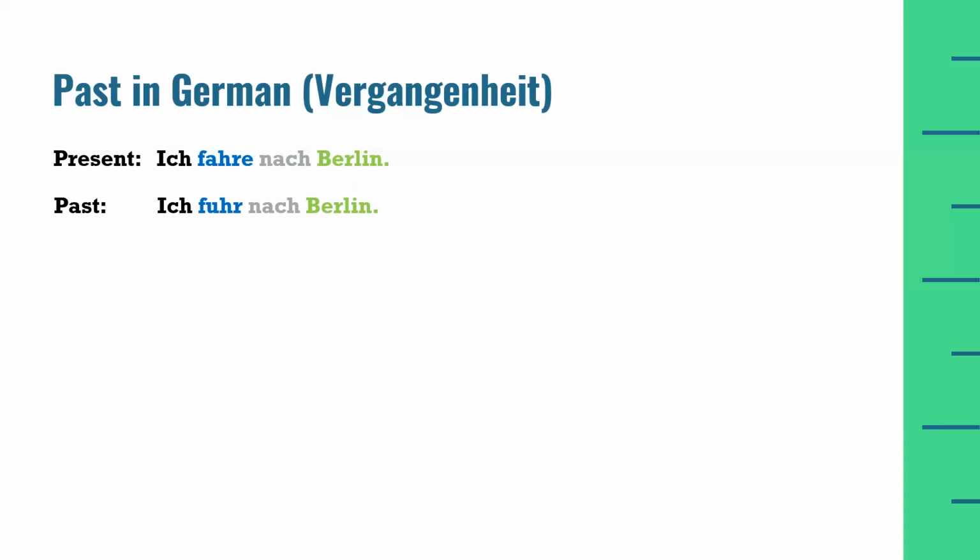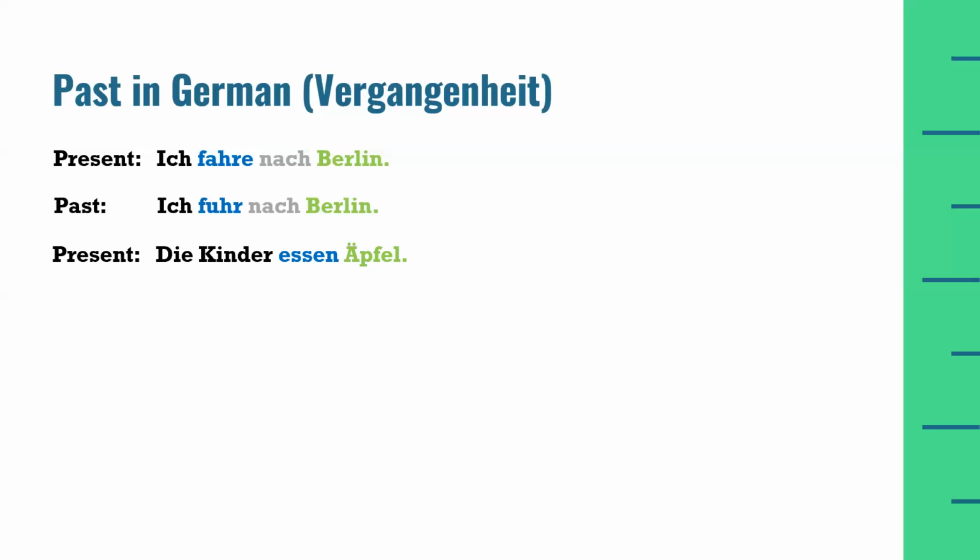If I want to make a past sentence, I want to say I traveled to Berlin, then I have to simply replace the present form of the verb with the past form of the verb, and the rest of the sentence will remain the same. So ich fahre nach Berlin will become ich fuhr nach Berlin. I traveled to Berlin. Let's have a look at another example in present.